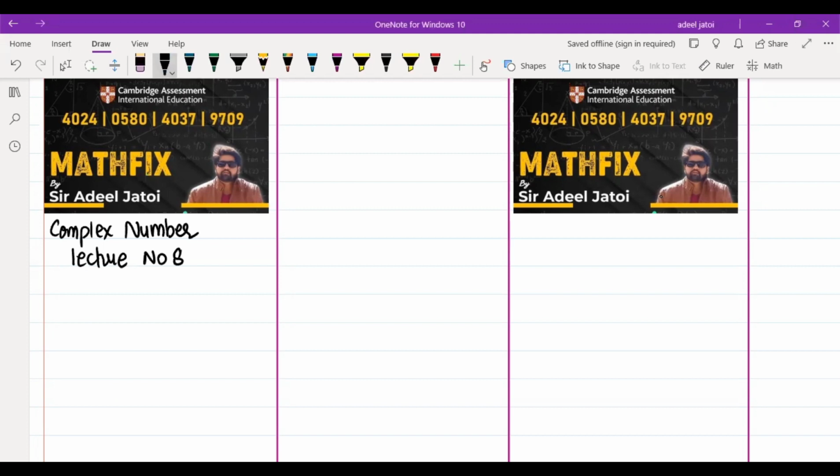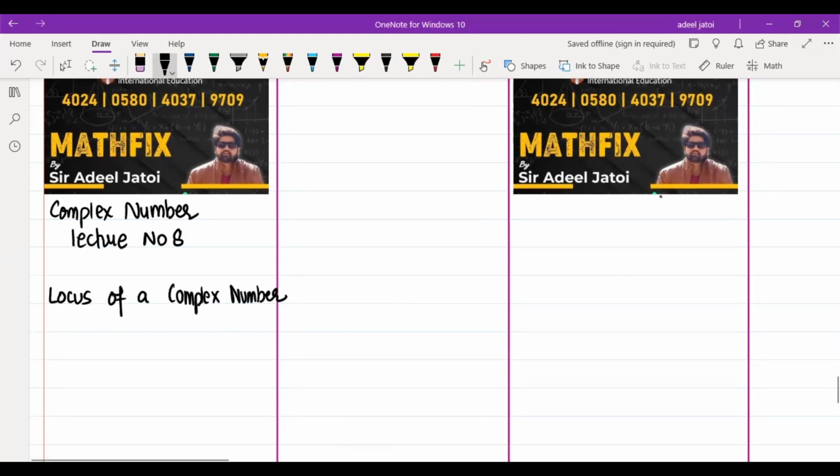If we say that we have, or let's work upon the locus of a complex number. So the locus of the complex number.